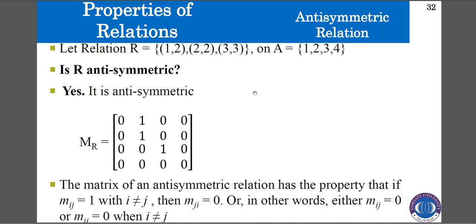In other words, either Mij is equal to 0 or Mji is equal to 0 when i is not equal to j. In that case the relation will be antisymmetric.